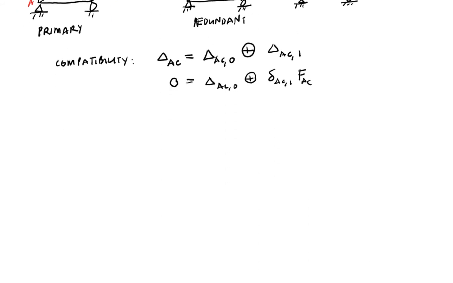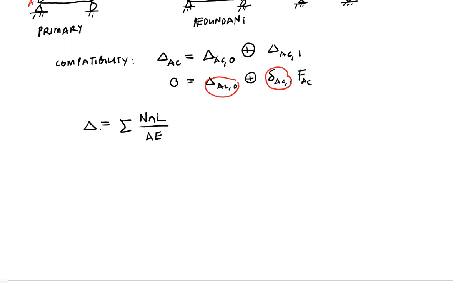Okay, so in order to find out what this displacement is, what you need to do is to use a virtual method. If you still remember, virtual method says that delta, the displacement, is equal to summation of big N, small n L divided by AE.